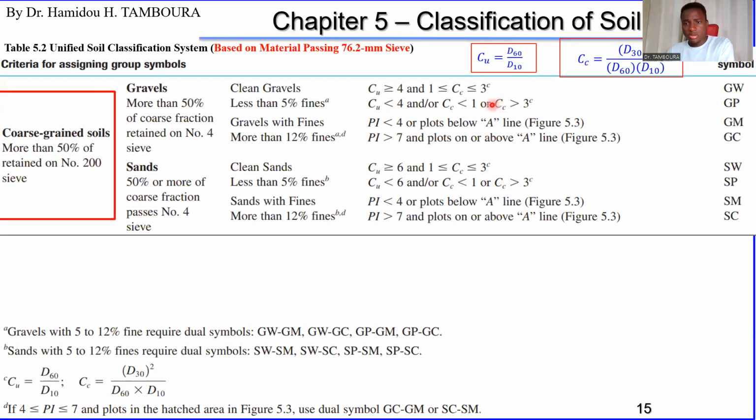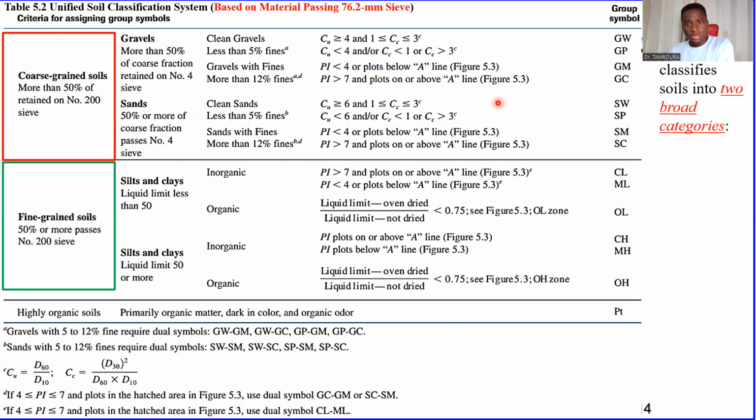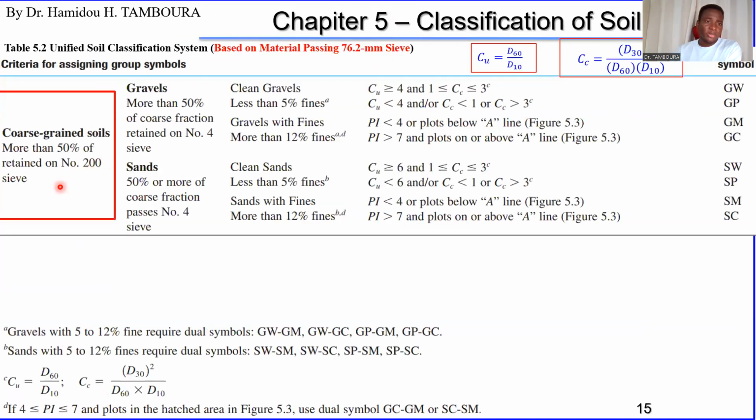Red one means more than 50% is retained on the sieve number 200. Okay, in that case, the soil is coarse-grained soil. That means the soil is gravel or sand.